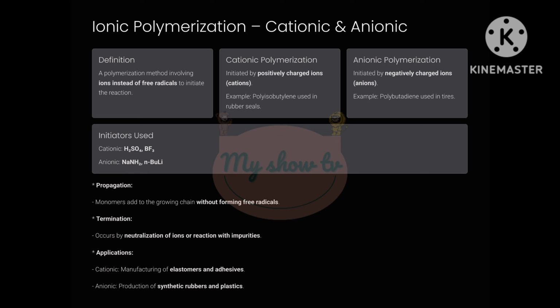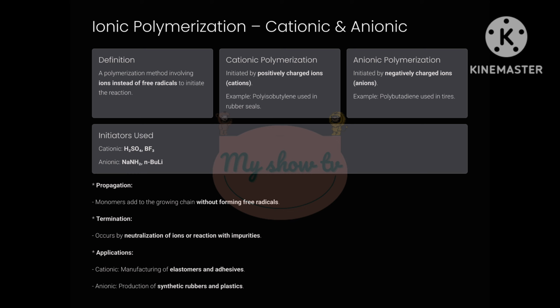Example, polyisobutylene is produced using cationic polymerization. 3. Anionic polymerization. Initiated by negatively charged ions, anions, like NaNH2 or BuLi. Example, polystyrene is formed through anionic polymerization using butyllithium.